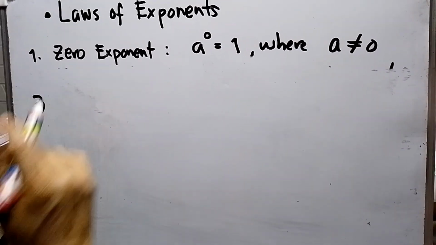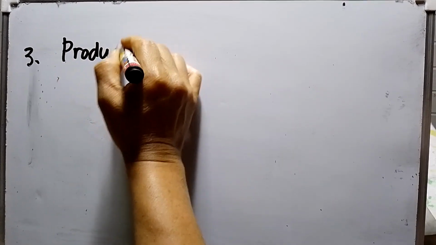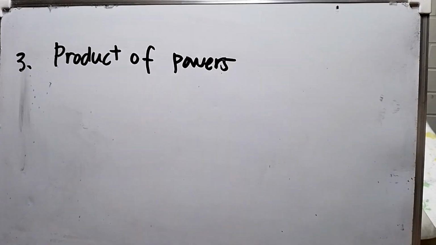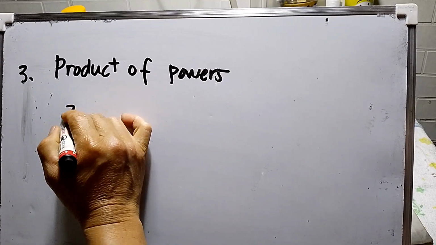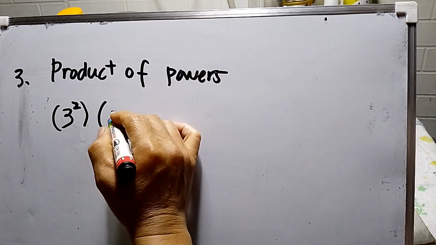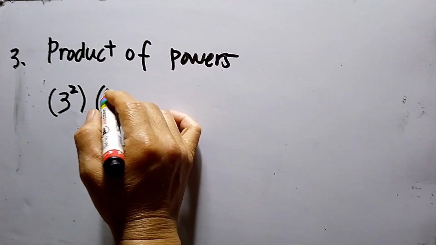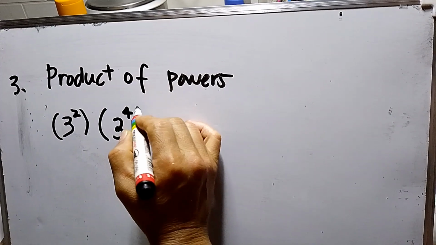Law number 3 is product of powers. So for product of powers, for example, 3 squared times 3 fourth.